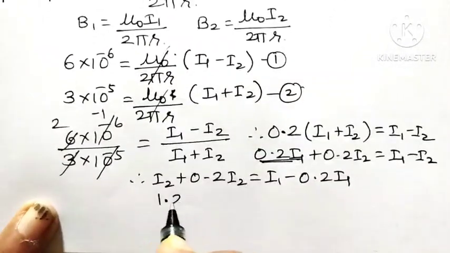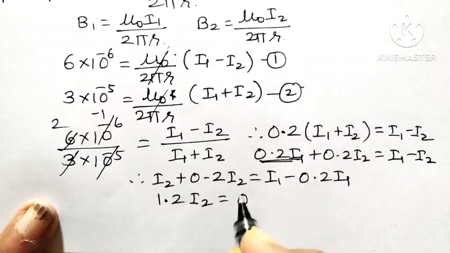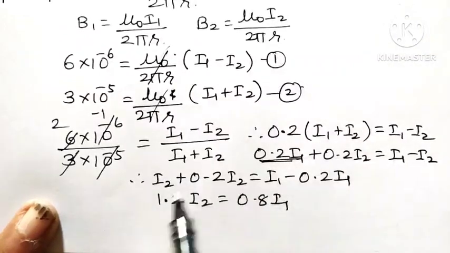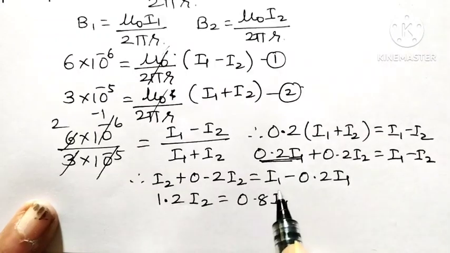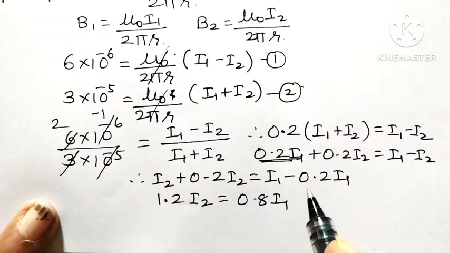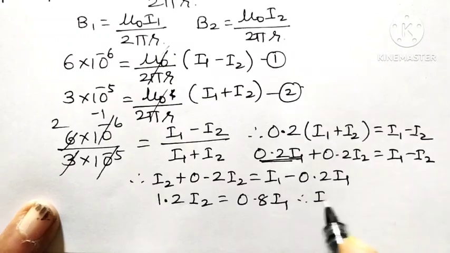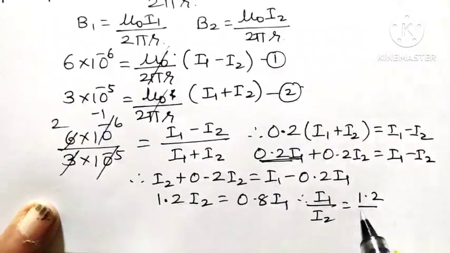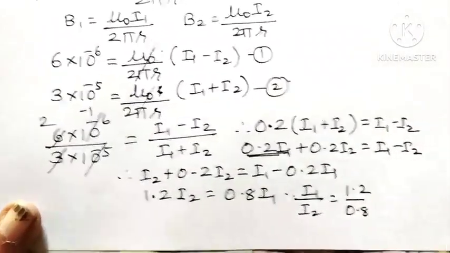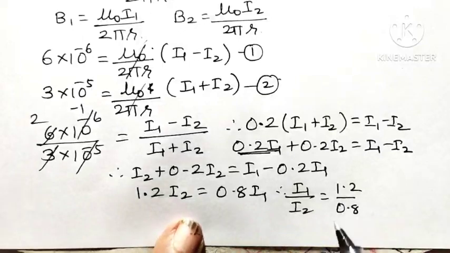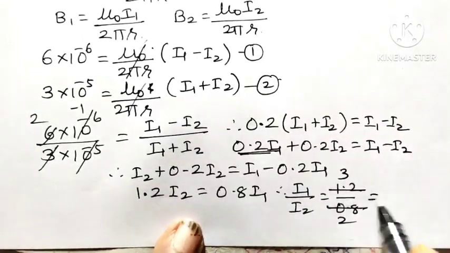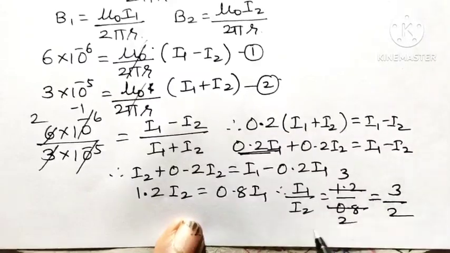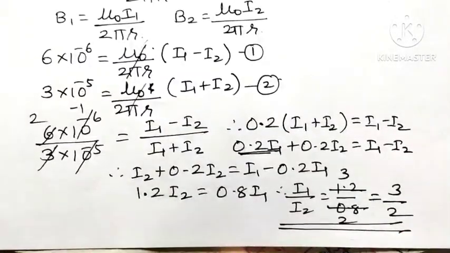So 1.2 I2 is equal to 0.8 I1, since 1 plus 0.2 is 1.2 and 1 minus 0.2 is 0.8. Therefore I1 by I2 is equal to 1.2 divided by 0.8, which is equal to 3 divided by 2. So I1 by I2 is equal to 3 by 2.